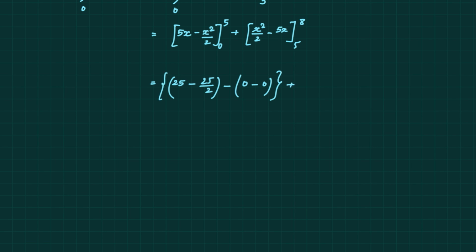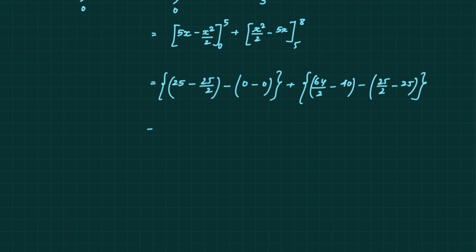Now the second term, from 5 to 8, putting the upper limit 8, 8 square is 64 by 2, minus 5 into 8 is 40. So this is my upper limit, minus putting the lower limit, we will have 25 by 2 minus 25.